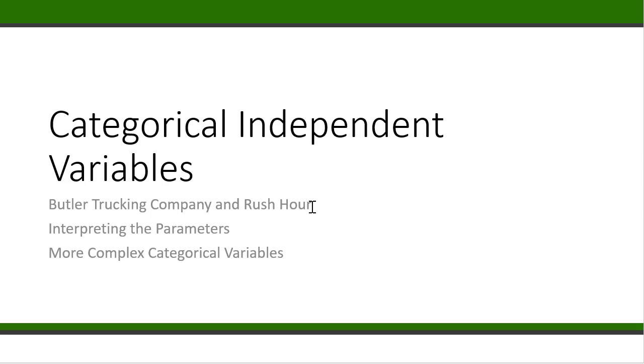The next thing we want to talk about is what happens if you have categorical data. Categorical data is yes, no, true, false. Sometimes it might be called dichotomous variables. You'll hear that term as well.